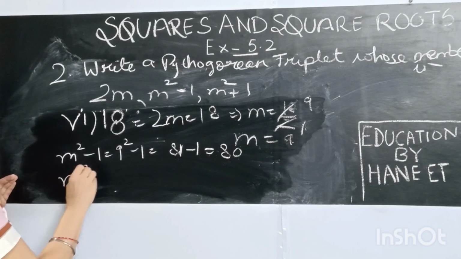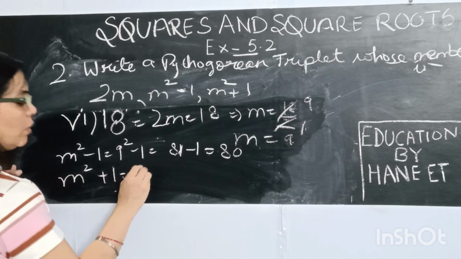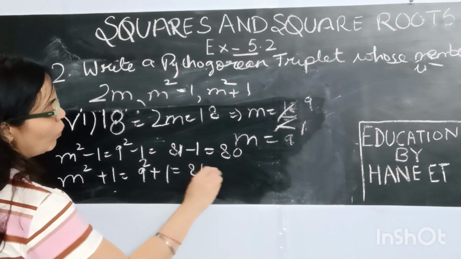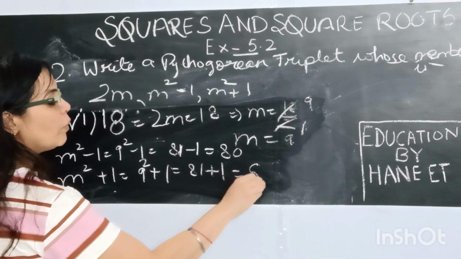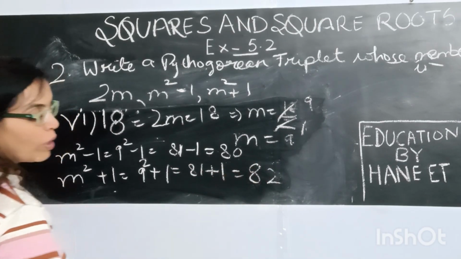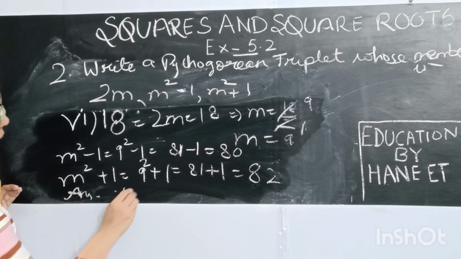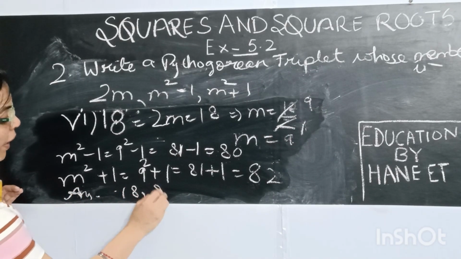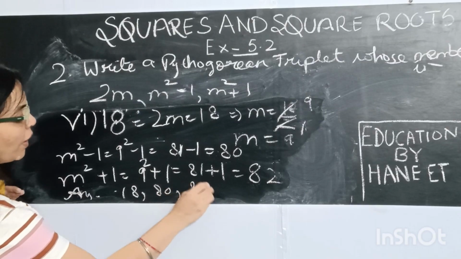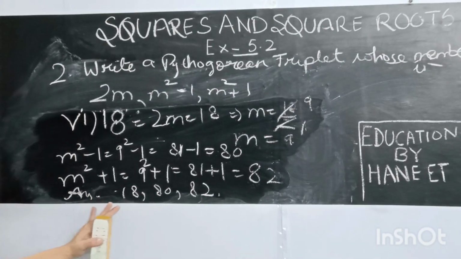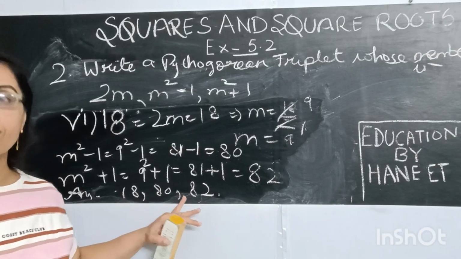And m square plus 1, 9 square plus 1, which will be 81 plus 1, and it will be 82. So our answer will be 18, 80 and 82. Okay, so here we come to the end of our exercise. This was the last part of the second question. Thank you.